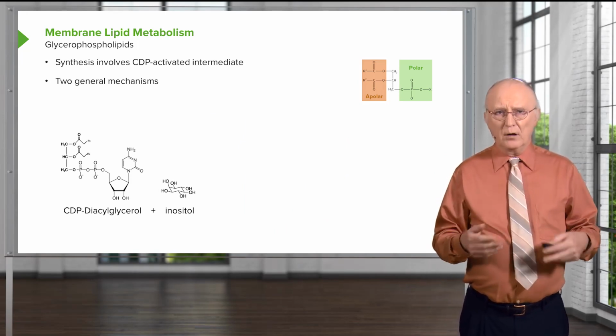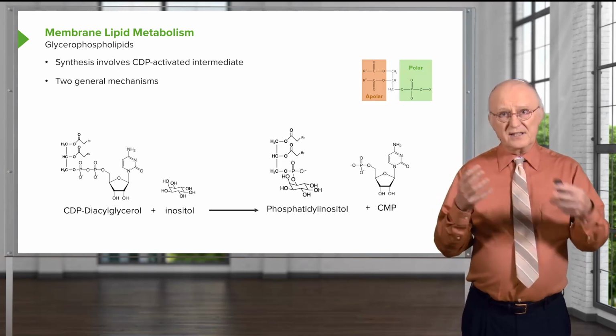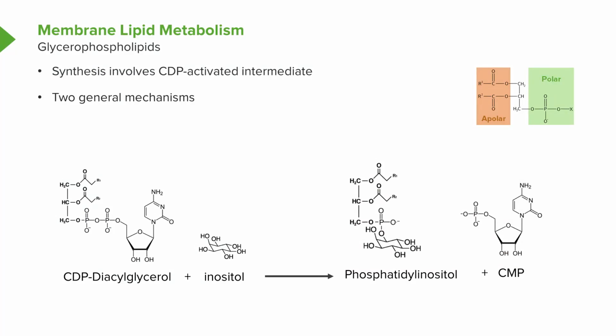CDP diacylglycerol plus inositol yields phosphatidylinositol plus the CMP that I said would split off. Now, this reaction requires the energy of that high energy bond of the activated intermediate of CDP diacylglycerol. Thanks to the energy of that bond, the two molecules can be joined together, that is the phosphatidyl compound and the inositol. This reaction does not require energy from ATP because the energy comes from the activated intermediate that was created previously.